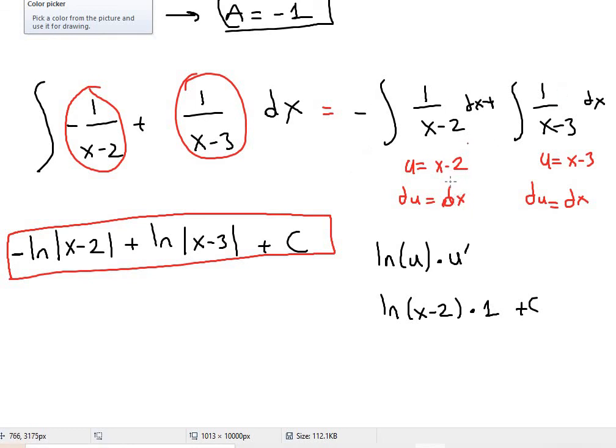And here you can use u substitution, or you can practically think that 1 over x is the ln times derivative, this is the chain rule, ln of u times derivative of u.